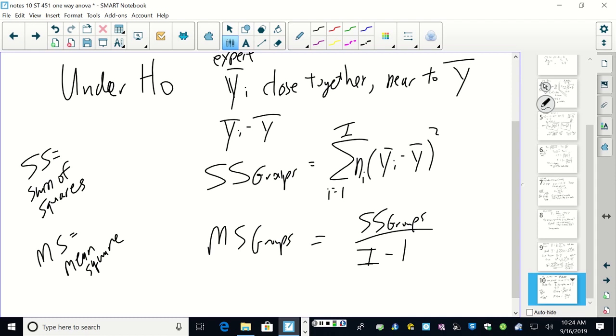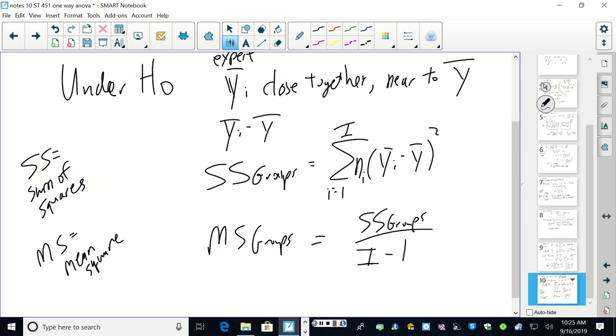It kind of adjusts for the number of groups. It doesn't fully adjust for the sample size, but it's a first scale adjustment. If you had more groups, this thing would continue to get big, and that makes kind of an average per group. We still want to know, is this mean square large?